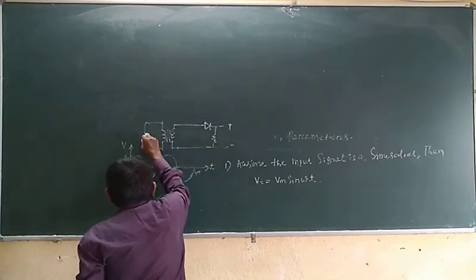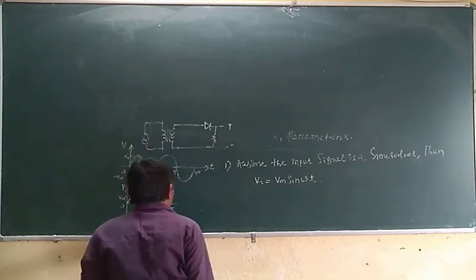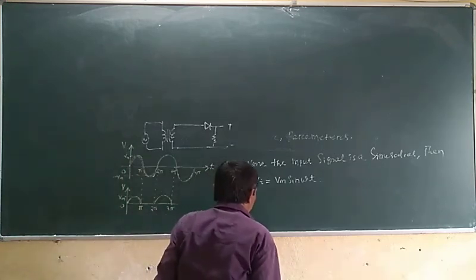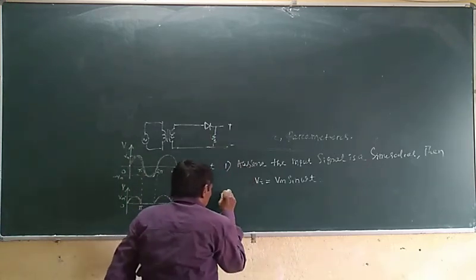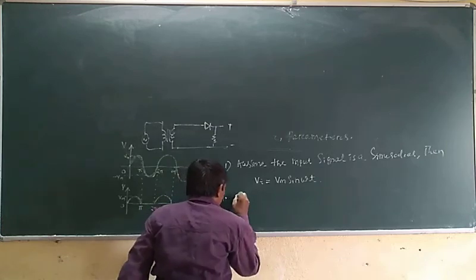This is the AC supply. When we neglect the diode drop, then that is a point.